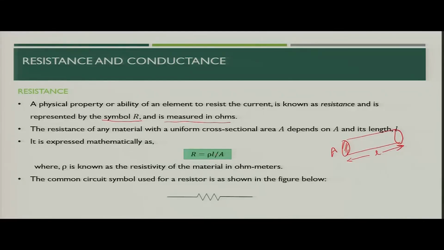Here rho is the resistivity of the material, which is represented in ohm meters, and then the length of the element and the cross sectional area of that element. So, these properties of the element, along with the resistivity of the material, will define the value of resistance of that element.